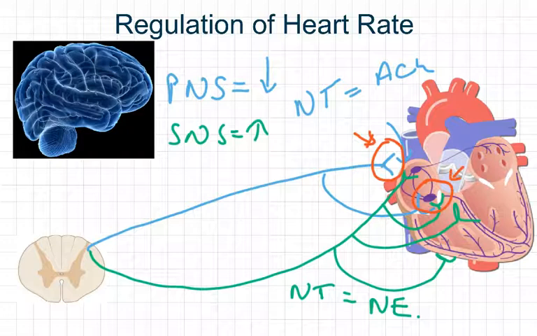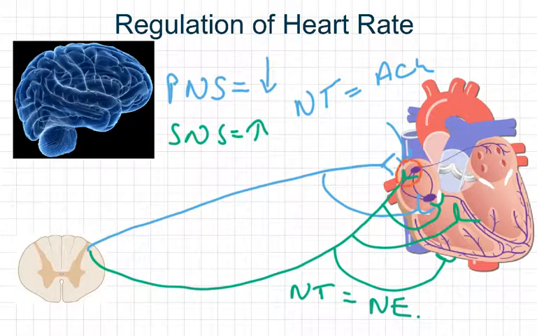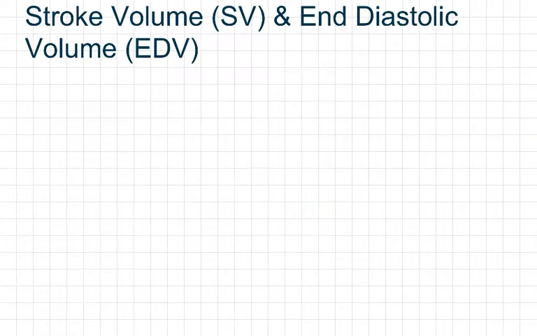But look at the site of where the SNS innervates and controls. It's 4 sites compared to 2, right? And this is important because of the functionality of the heart and how it's getting the oxygenated blood to the body as quickly as possible during exercise. So let's move on into that portion of the lecture.